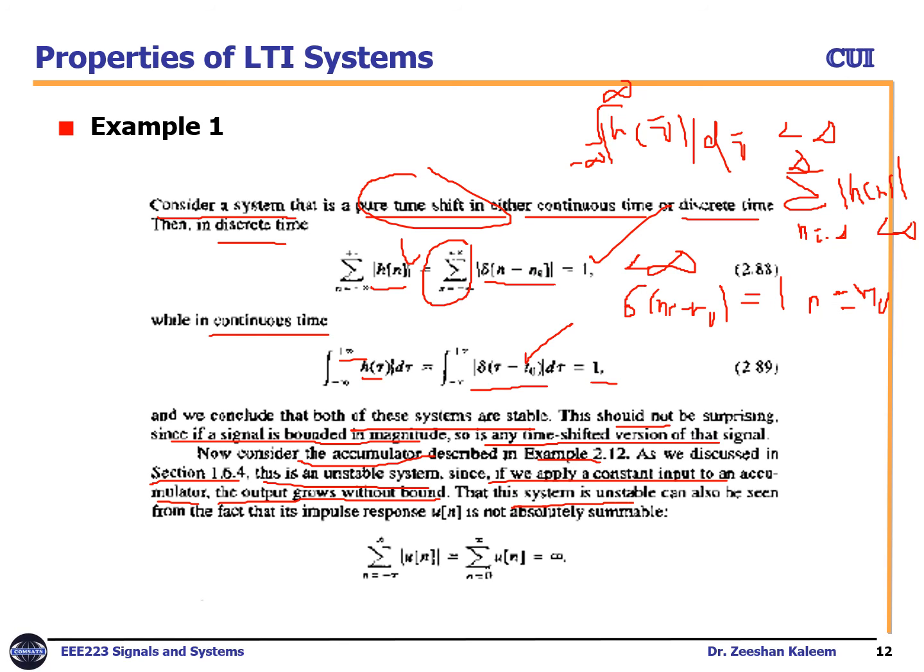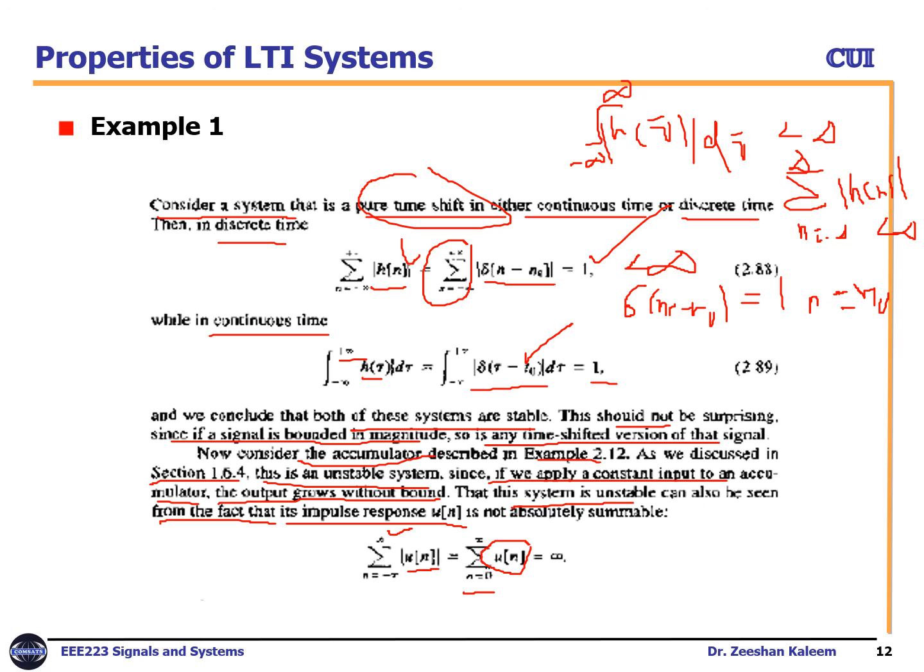Thus, this system is unstable, and it can easily be seen from the fact that the impulse response of an accumulator, for n equals minus infinity to infinity, is u of n. So when we take the absolute of u of n, the limit will change from 0 to infinity. And now you can see that for u of n, each value is 1, right?